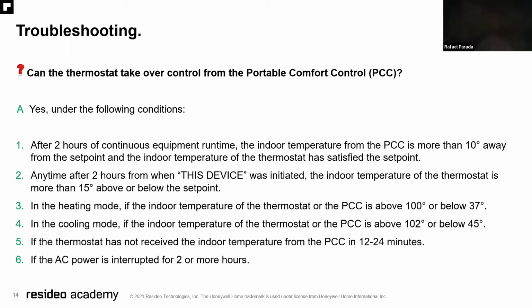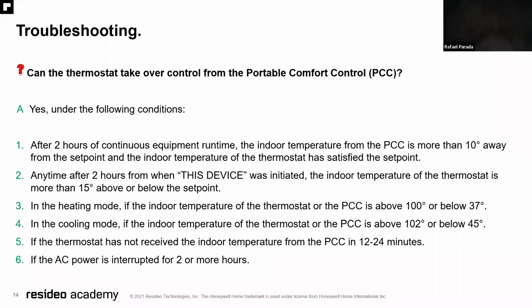Anytime after 2 hours from when the selection on the portable control was initiated, if the indoor temperature of the thermostat is more than 50 degrees above or below the set point, the thermostat will regain control. If we have the system set for heating and the indoor temperature of the thermostat or the remote is above 100 degrees or below 37 degrees, the thermostat will regain control.